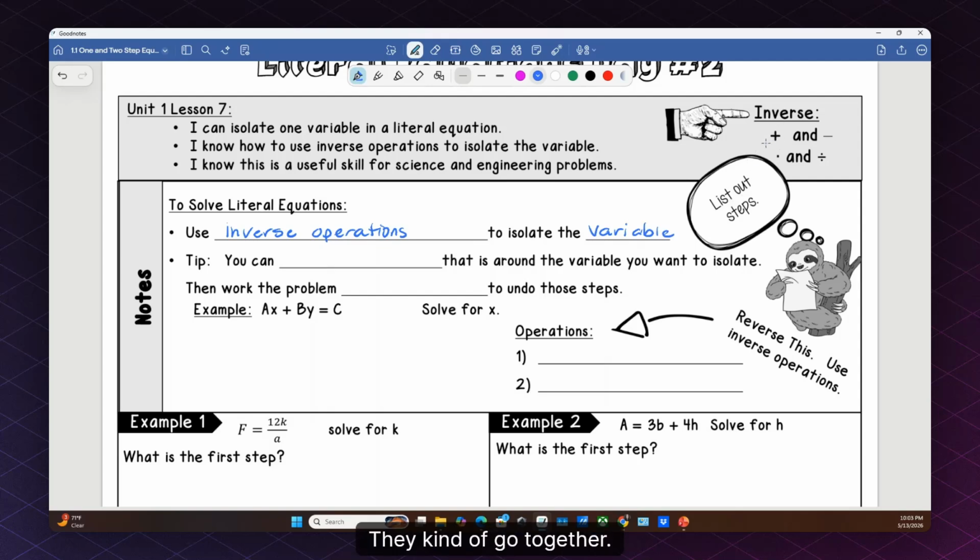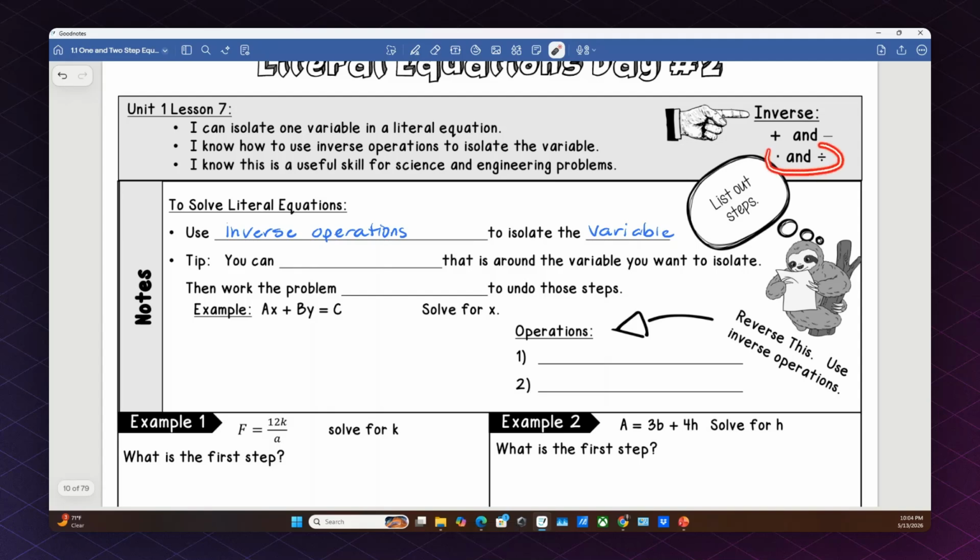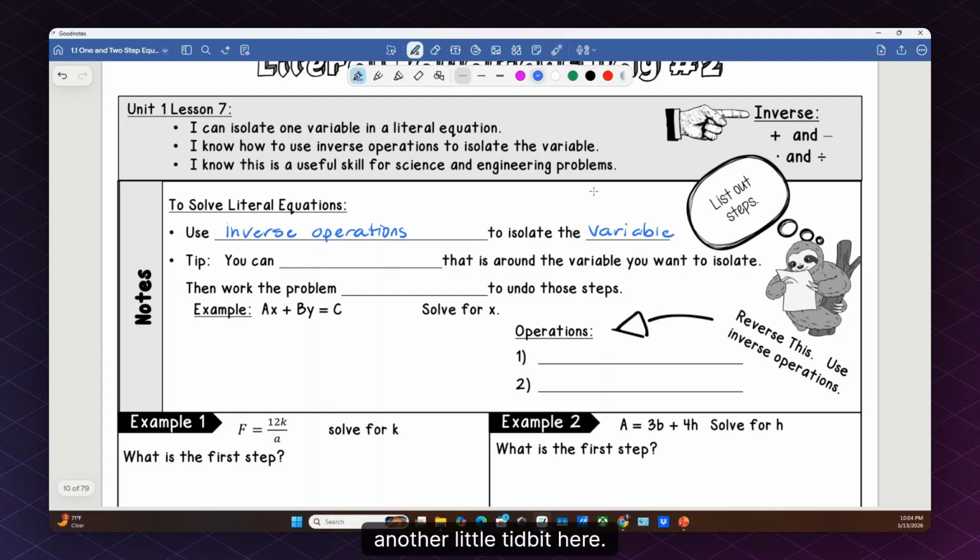They kind of go together. Each operation undoes the other. Addition and subtraction are Twinkies that go together. Addition undoes subtraction, and subtraction will undo addition. And multiplication and division are Twinkies. They belong together. And I do want to add another little tidbit here.